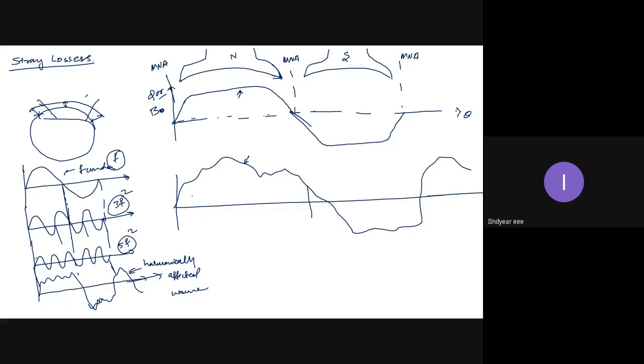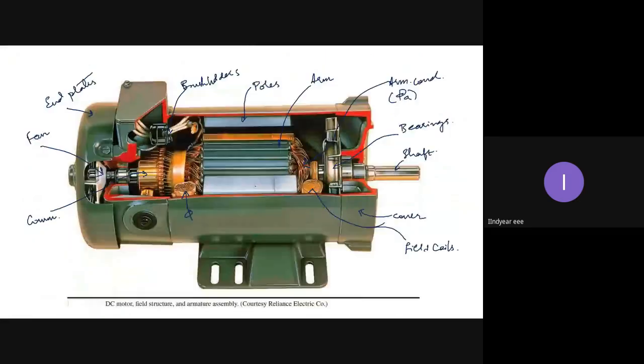Second, because of this distorted flux wave, the EMF induced in the armature is non-uniform. The current induced in the armature conductors is non-uniform. As a result, there is non-uniform leakage flux present in the armature area.